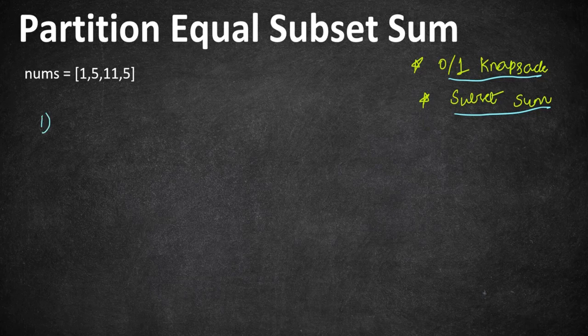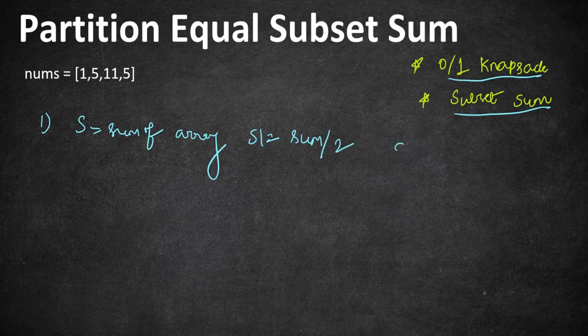If the subset sums have to be equal, then if S is the sum of the array, subset 1 will have the sum S by 2, and subset 2 will also have S by 2, because we have to divide them into equal subsets.